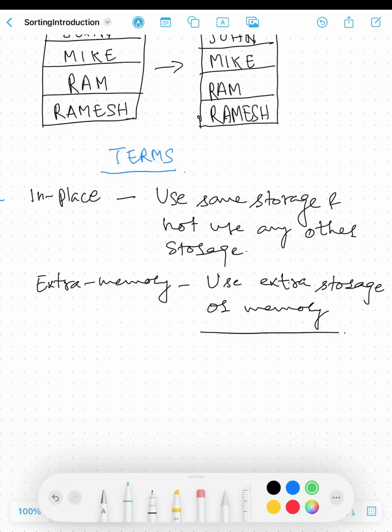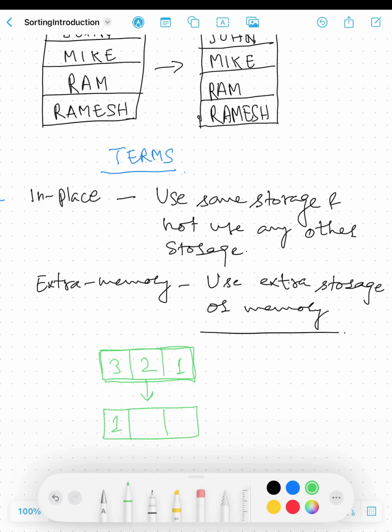For example, let's say we want to sort this. We take an extra memory. And let's say our sorting algorithm takes out the minimum value from this array and copies that into the extra memory.